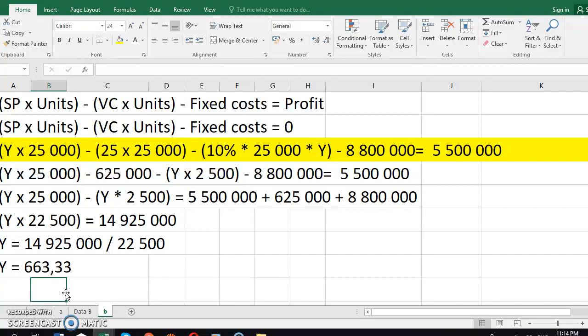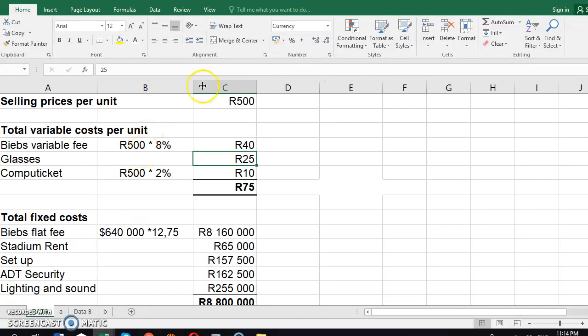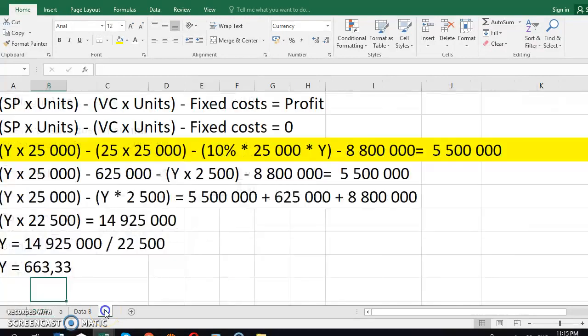Now logically, it needs to be higher than the 500 rand. Why? Because if we needed 500 rand to break even, in other words achieve a profit of 0, then definitely we're going to need a selling price of higher than 500 rand if we want to make a profit of 5.5 million. So just logically in an exam when things are a bit stressful, you want to check that your answer makes logical sense.